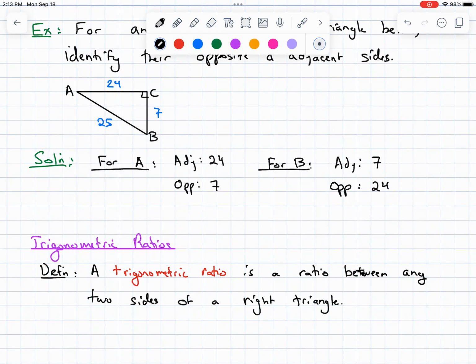That's how they're defined in terms of a right triangle.